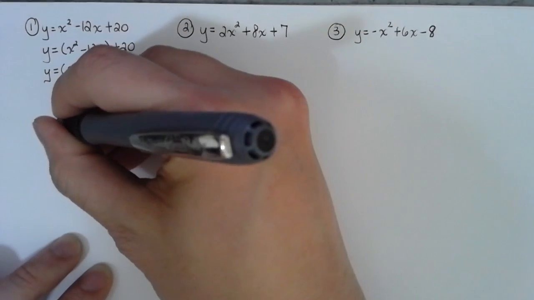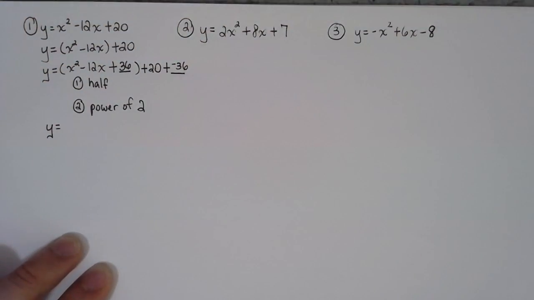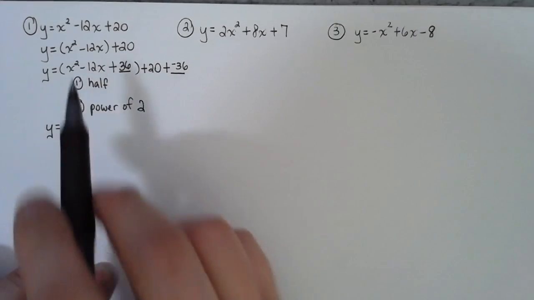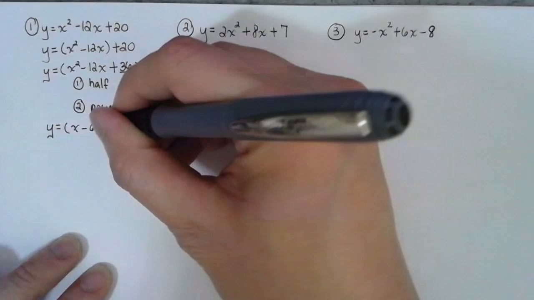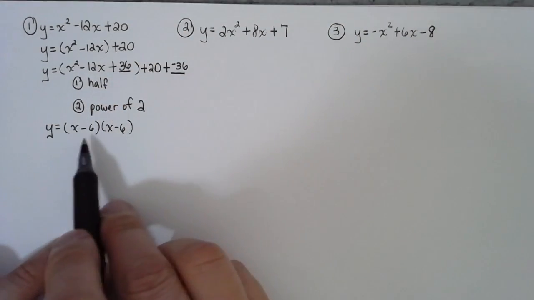Now, the main purpose of doing so is to actually just rewrite this to look something different, something that is more useful to us, which is the vertex form once again. At this point, you should be able to factor this in the parentheses to x minus 6 and x minus 6, and this should always be the same.